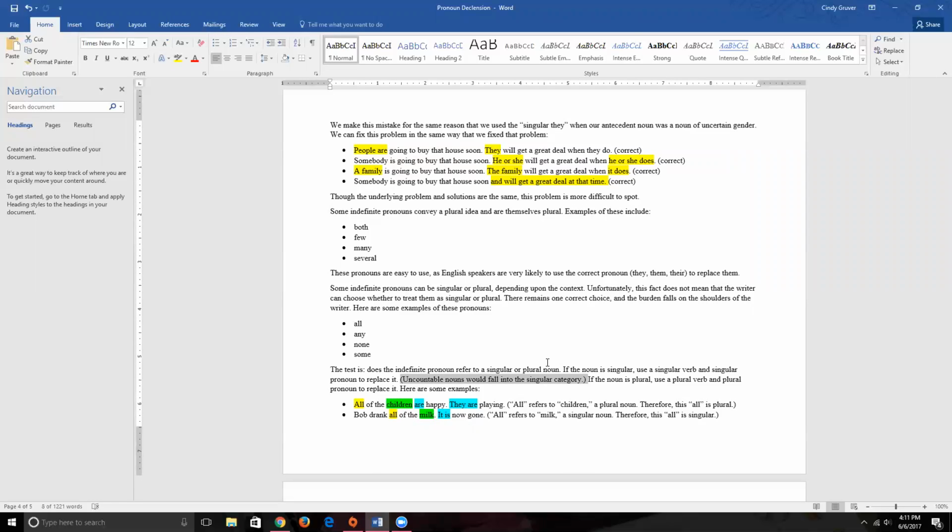You could have a big vat of milk, enough milk to give a cup of milk to every elementary age kid in Plano. And still we wouldn't say the milk are good. We'd say the milk is good, the milk is fresh. We would always use is with milk, no matter how much there is or how little there is. And that means it's uncountable.